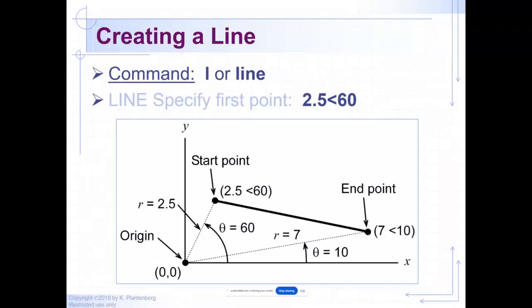So here is where you would put in a polar one. They picked a point that they started at, and then they said, okay, I want to go 2.5 at an angle of 60.